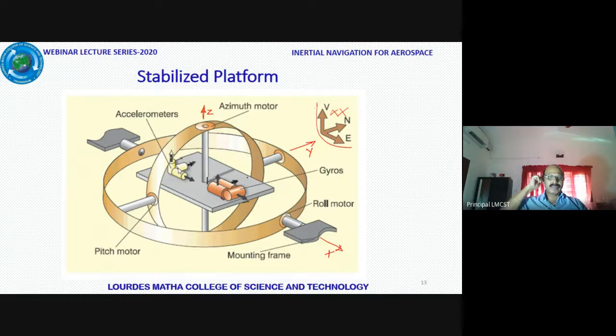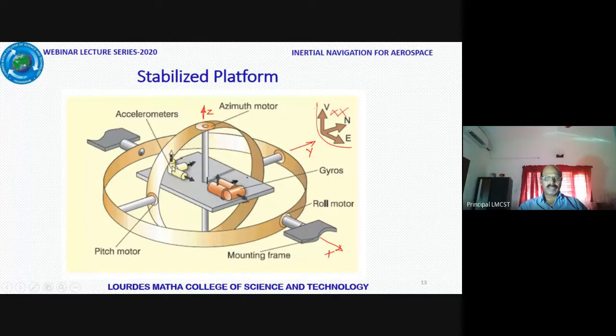If you want to do the navigation, you simply integrate these individually to get the velocity in the 3 inertial directions, and then integrate further to get the position in those directions.